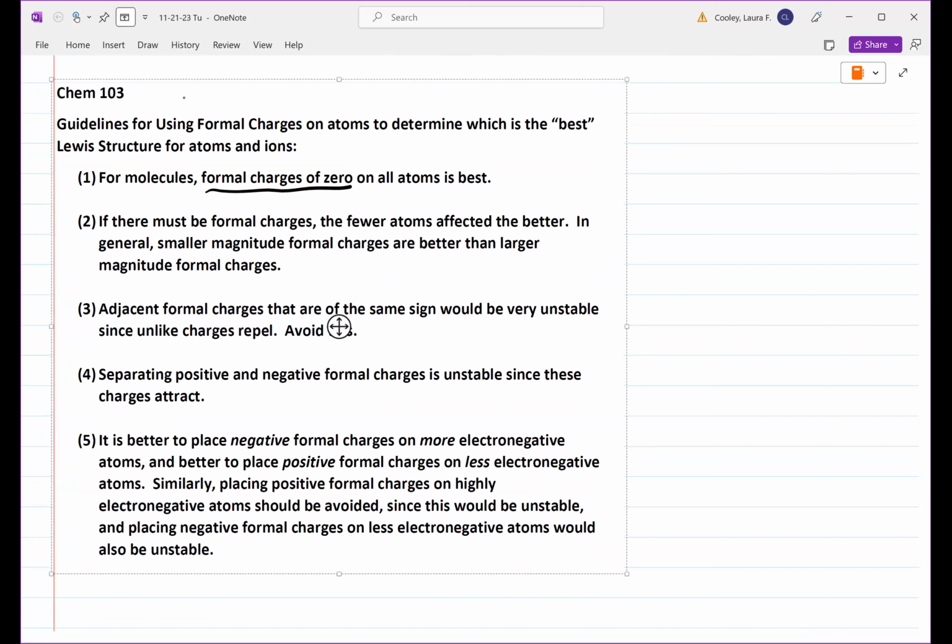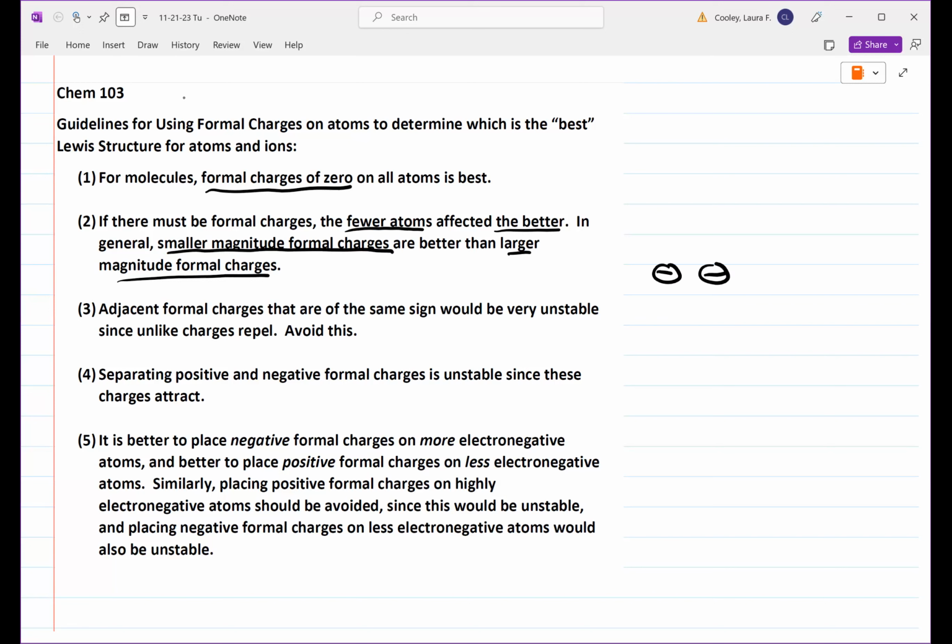If there have to be formal charges, the fewer atoms, the better, okay? And smaller magnitude formal charges are better than larger magnitude. So having a -2 is worse than a -1, all right? Magnitude just means how big the charge is. Adjacent formal charges of the same sign is very unstable.